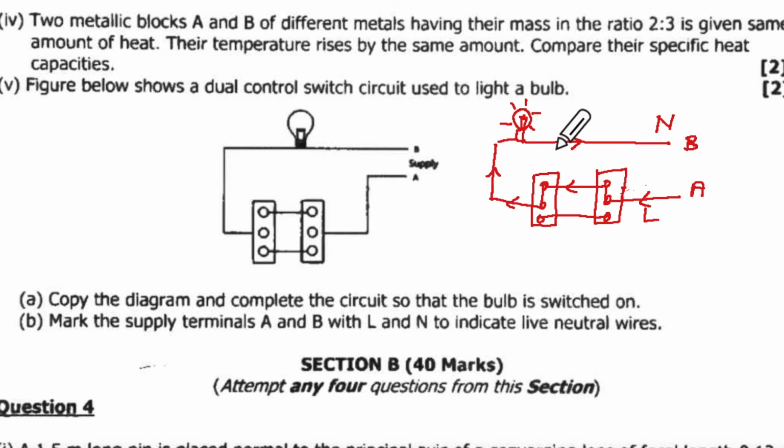You cannot show a fused bulb over there. The bulb is switched on, so don't just show a bald bulb like that. Mark the supply terminals A and B with L and N. We already put this L and N. Can you see that? Yeah, so that finishes our section A.